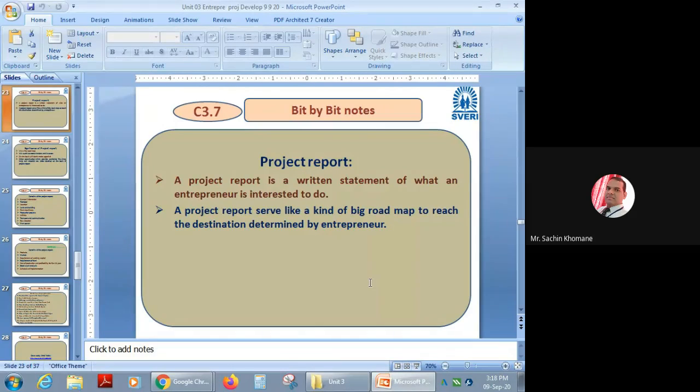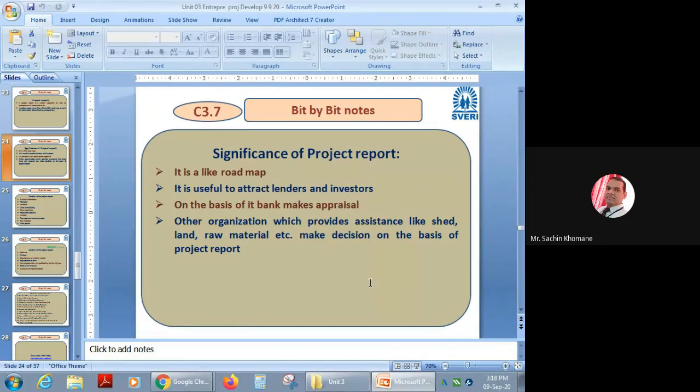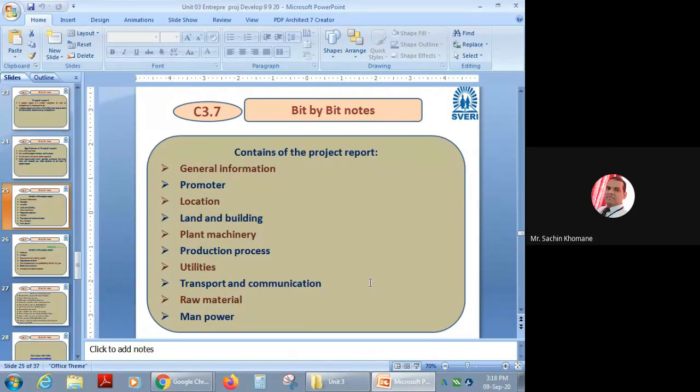So that discussion we have made, and we have seen various significances also, why that particular project report is important. Project reports have so many significances. We have discussed that yesterday, and then we started discussion on its content. If I ask you to write the project report, now you are ready to write it because you know its content, right? So what should be the content?